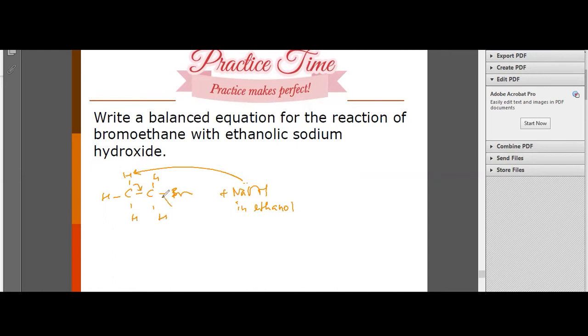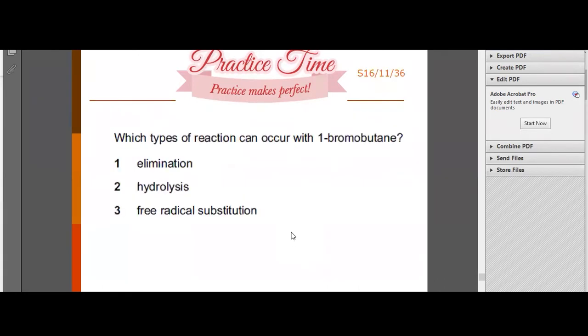This will produce CH2=CH2. Done. Let's try this.